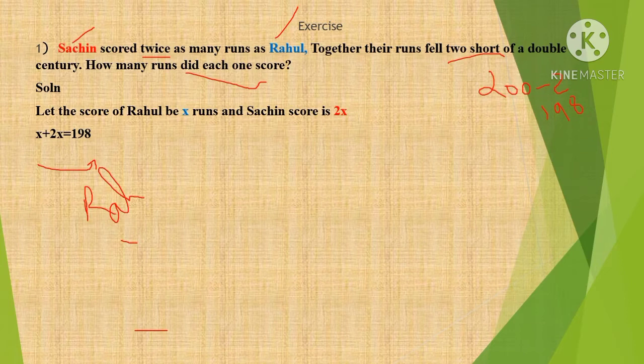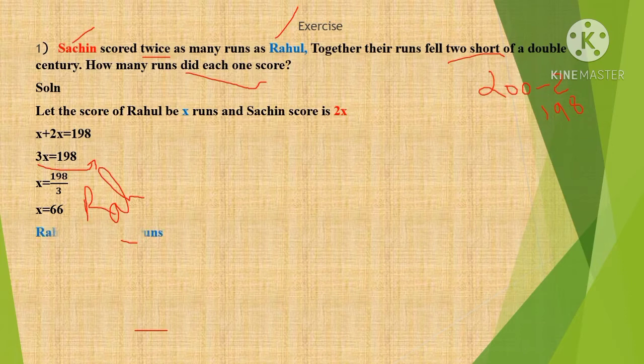X plus 2X, 3X. 3X is equal to 198. Then X is equal to 198 over 3. Bring the 3 to the right hand side. We'll write it in the denominator, right? We'll write it in the reciprocal method. So cancel it. We'll be getting X is equal to 66. So what is X? X is Rahul's run. So what is the score of Rahul? 66. So now we want to find out Sachin's score.